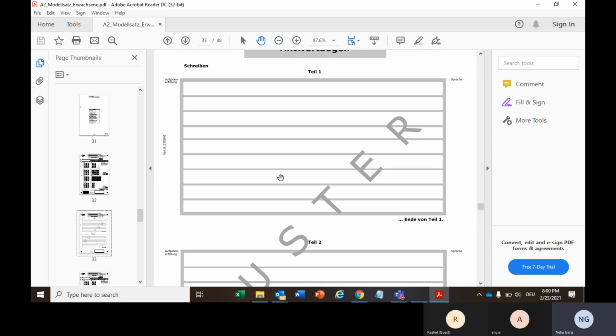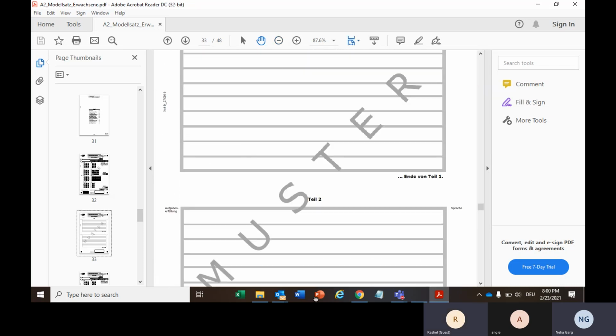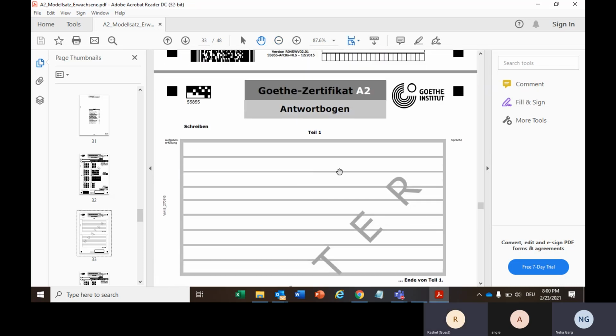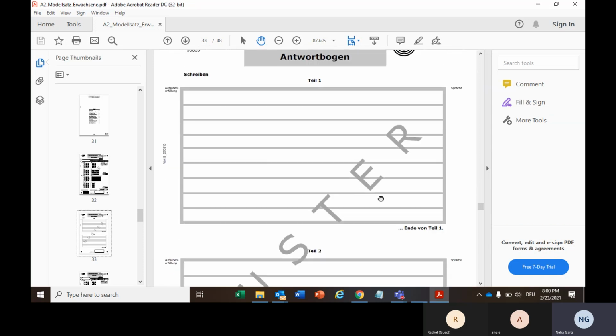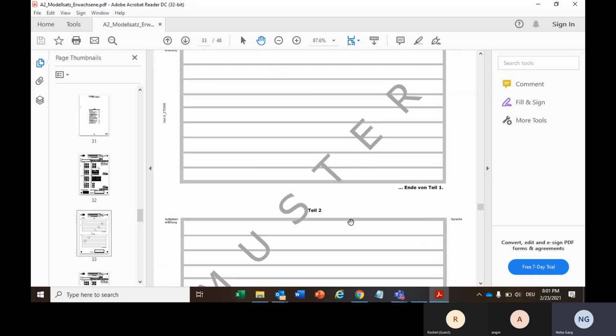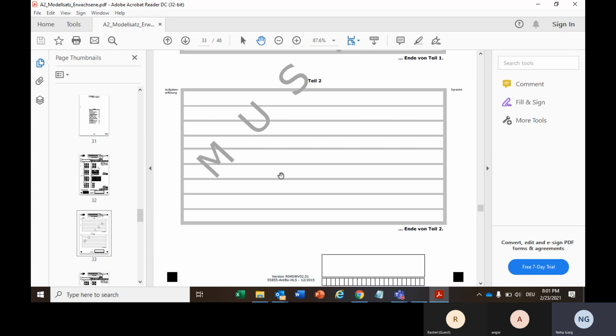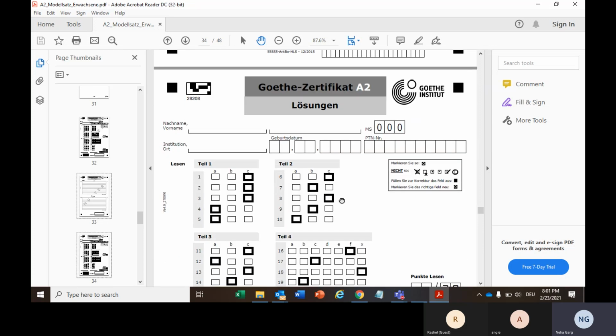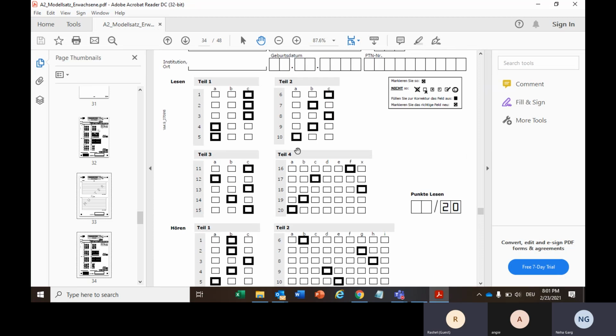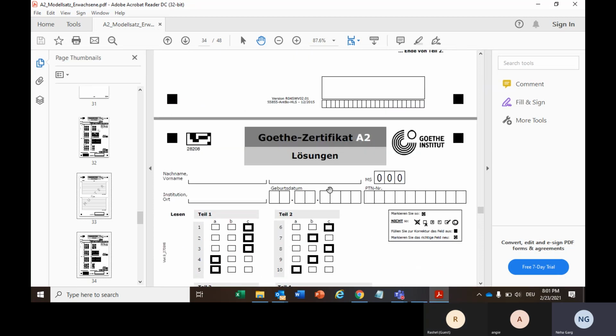And this is the Antwortbogen for Schreiben. For Teil 1, here you will write the SMS, and then here you will write the email. So these are just the answers. This is something just for additional information.